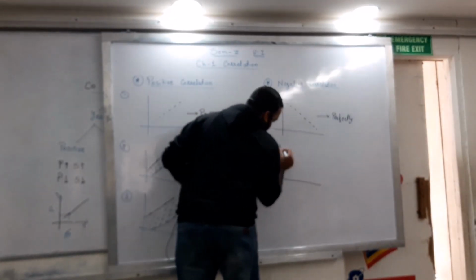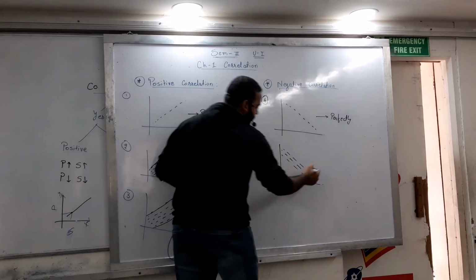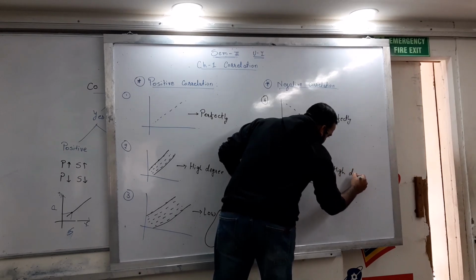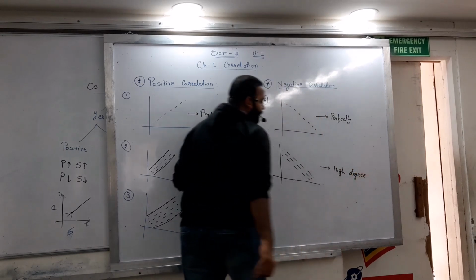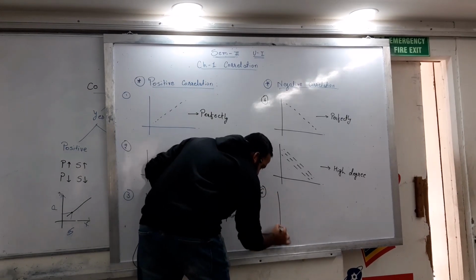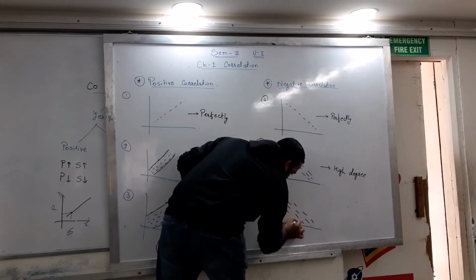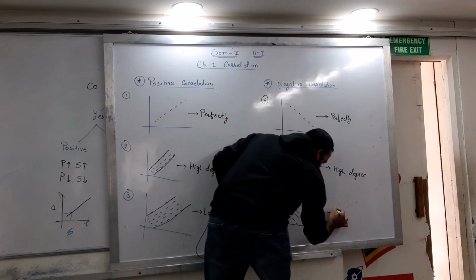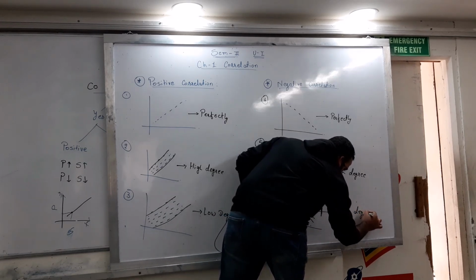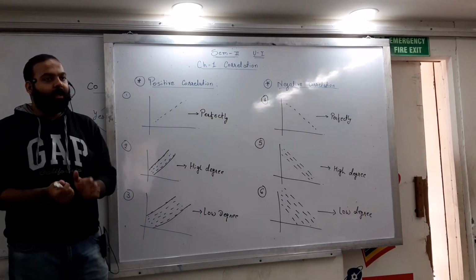Second, it can be downward sloping but there is a band, so it is a high degree of negative correlation. And if the band is wider, then it is a low degree of negative correlation. समझ में आ रहा है सबको?